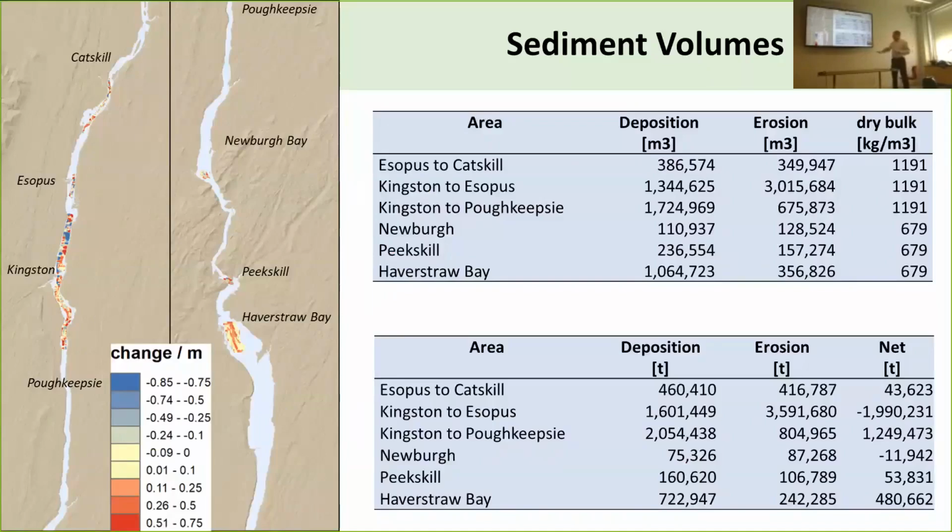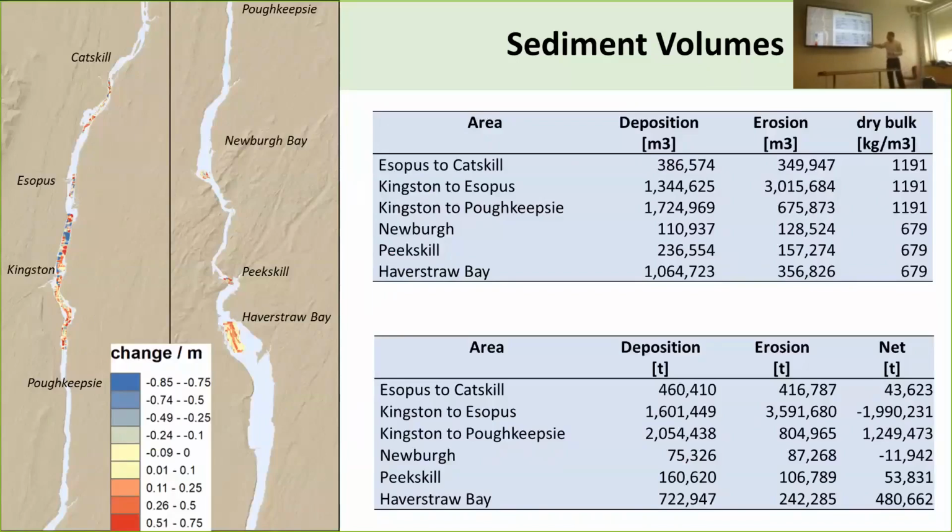We don't see much change on average in the Newburgh area, but we might have missed the northern part of Newburgh, where a lot of the deposition might have happened according to Ralston's model. There's a little bit of deposition in the Peekskill area, but also over 500,000 tons in the Haverstraw Bay area, which, because we have better data coverage there, we are more confident is realistic.